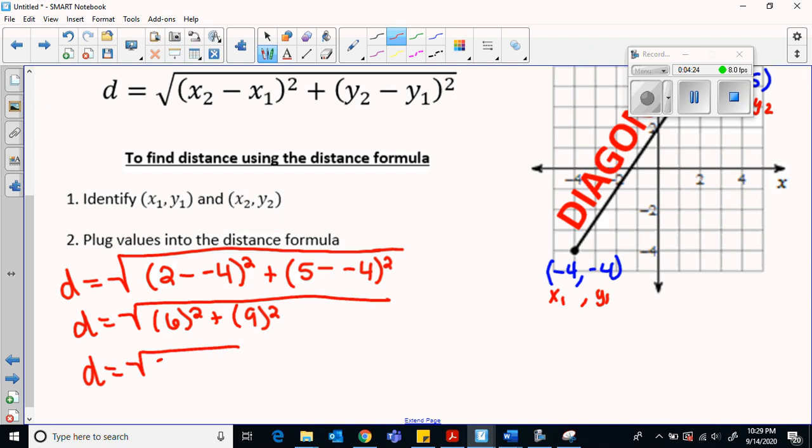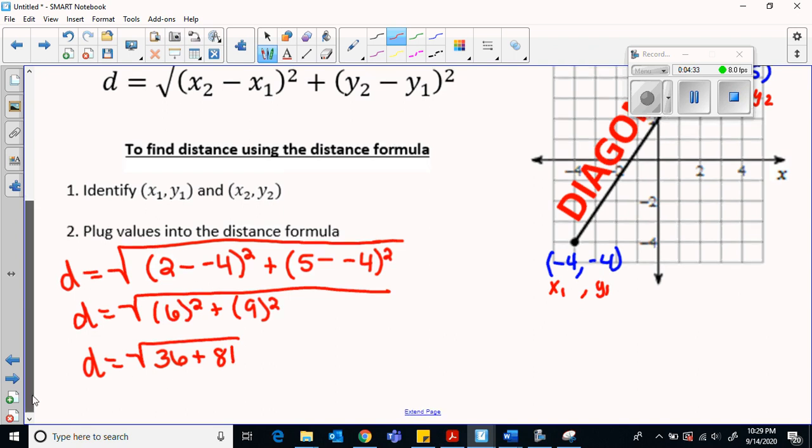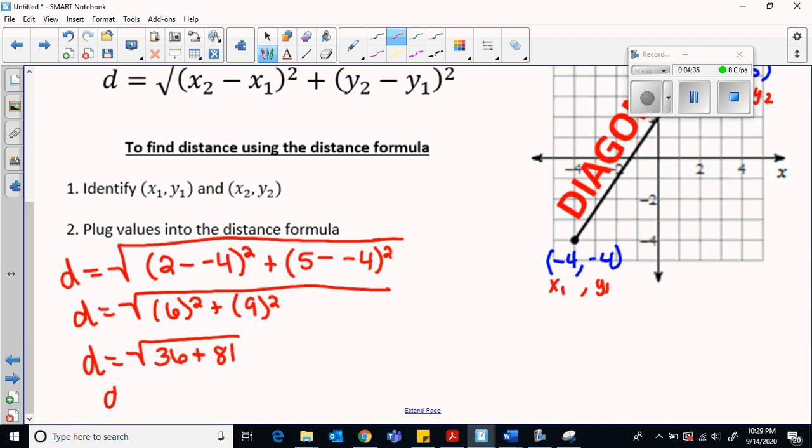So 6 squared is 36, plus 9 squared is 81. Now we do our addition: 36 plus 81 is 117. And then we take the square root because that's what we have left.